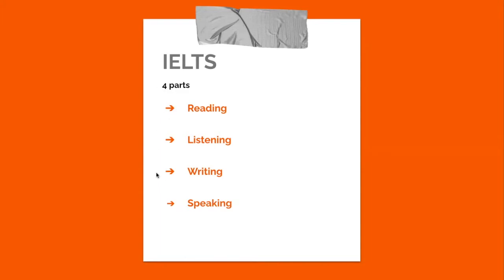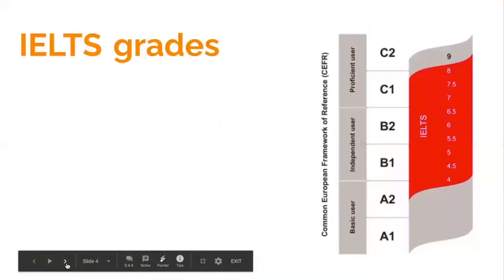They are a little bit different. So listening and speaking are the same for both versions of the exam. Do you guys understand that? Yes. Okay, then we can move further.